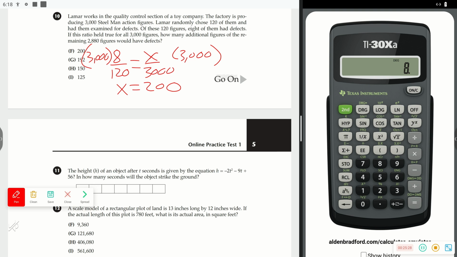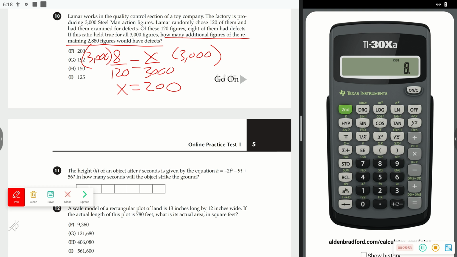But it's actually really important. You should spend like 80% of your time just reading the problem carefully and making sure you understand what it's asking, so you don't miss an easy question. It says how many of the additional figures of the remaining 20 of 2,880 would have a defect. So we have to take into account that the first 120 had 8 defects.